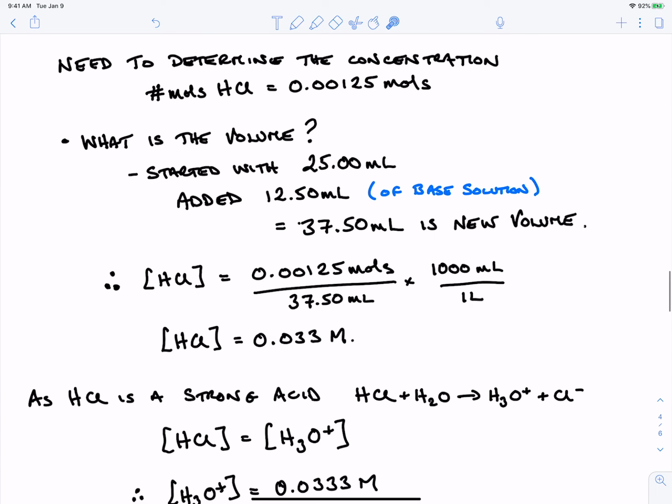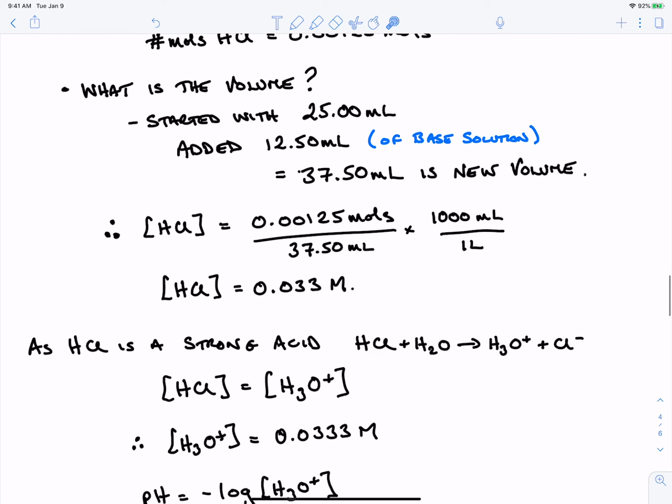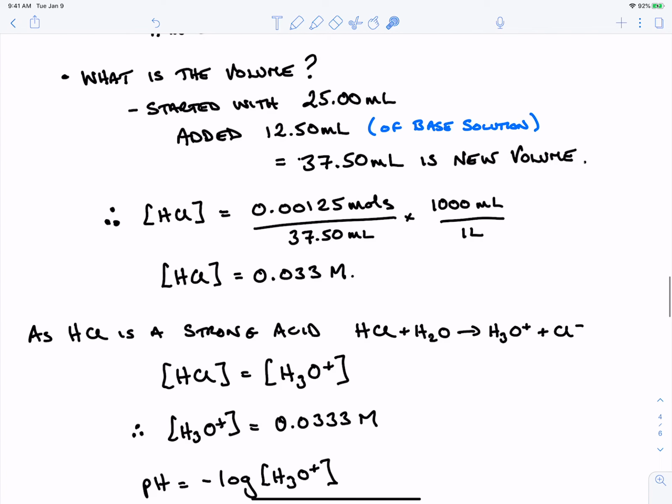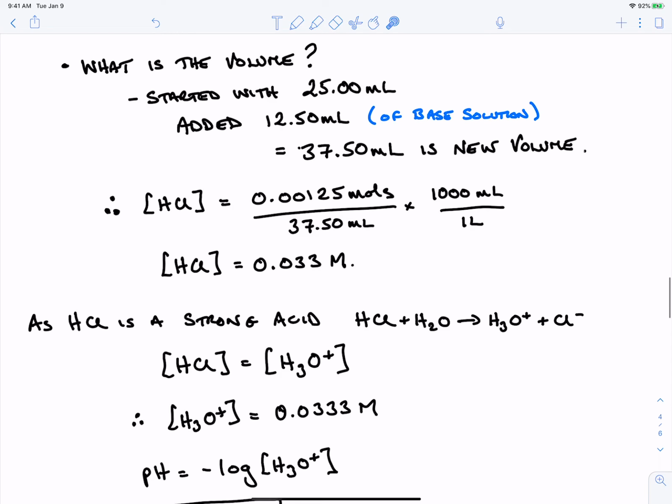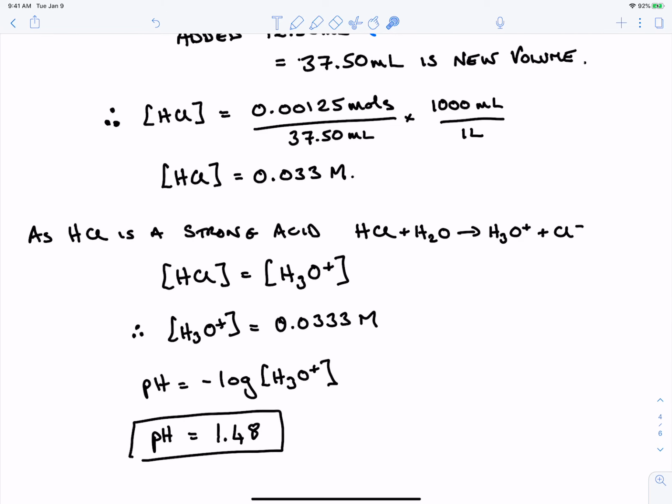Now, of course, we're looking for the pH. As we know that HCl is a strong acid, it's going to completely dissociate to H3O+, so the concentration of HCl is the same as the concentration of H3O+. Therefore, the concentration of H3O+ is 0.0333 molar. And therefore, the pH is going to be minus the log of that concentration, and the pH comes out to be 1.48, which is the final answer.